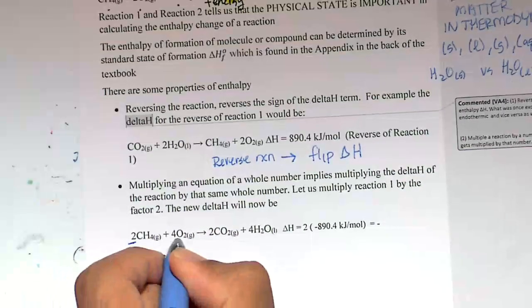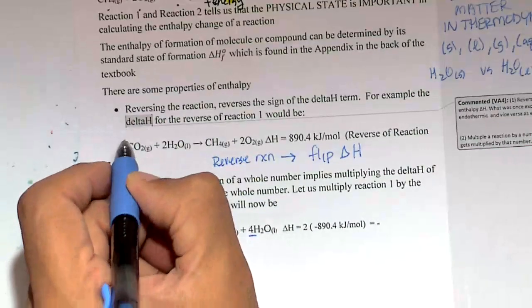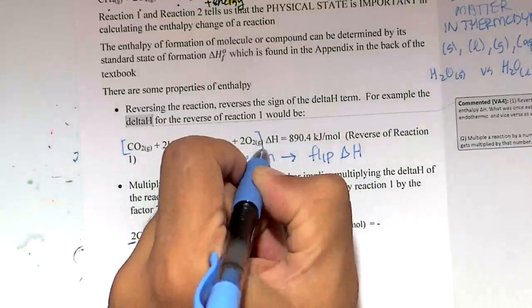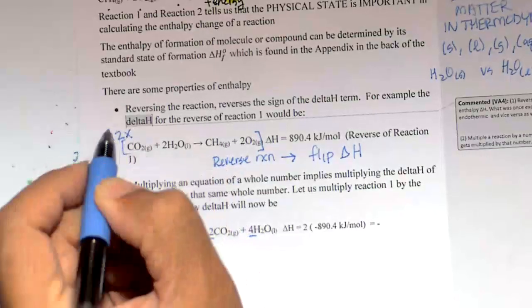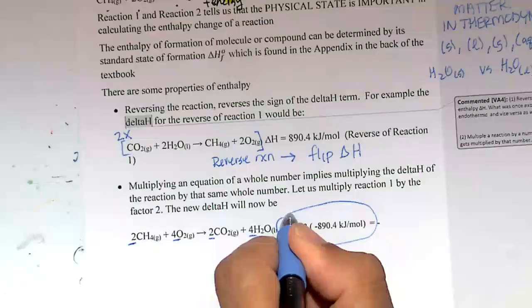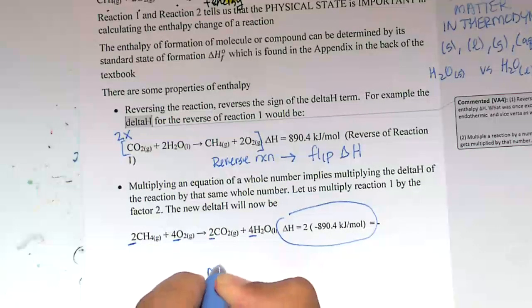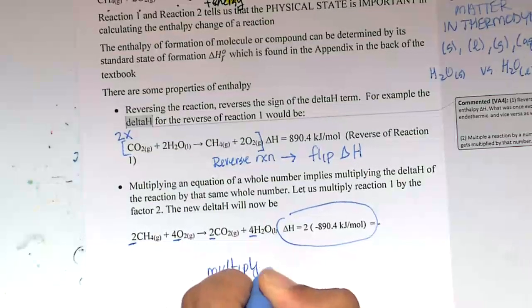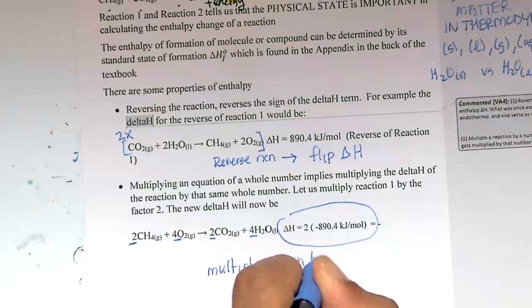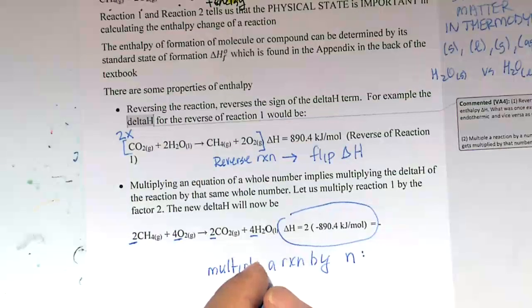What happens if you take a reaction and multiply it by some number, like 2 or 3 or 4 or 5? What happens to the delta H? You multiply it by that same number. So if you multiply a reaction by n, the delta H gets multiplied by that corresponding number n.